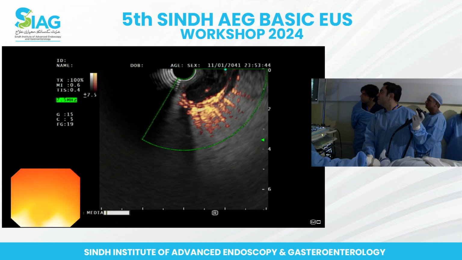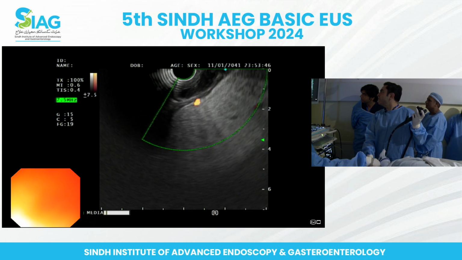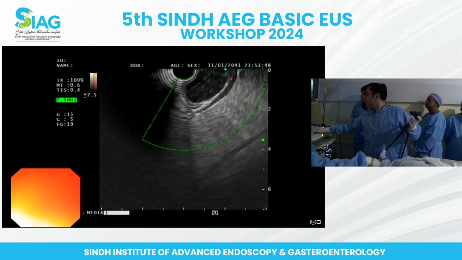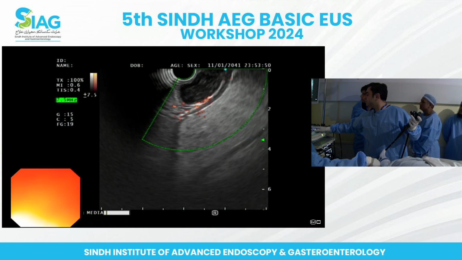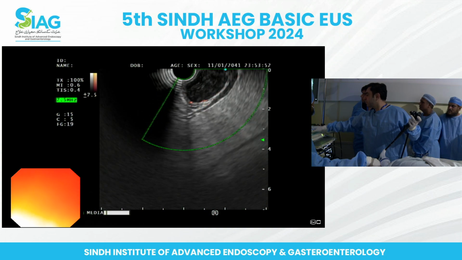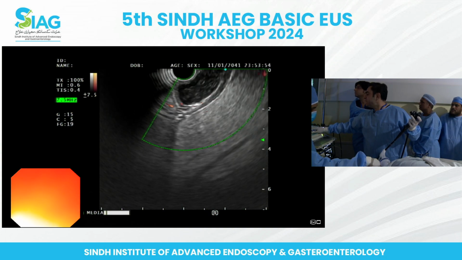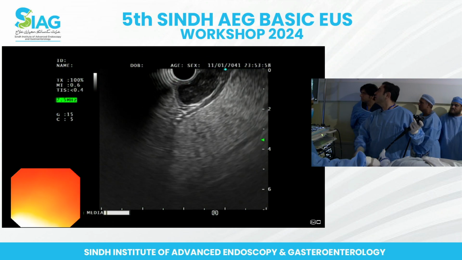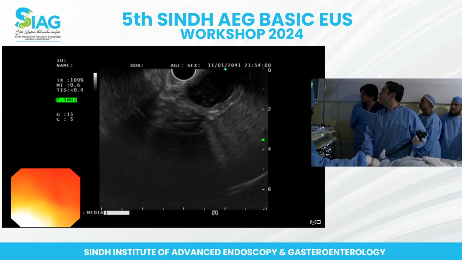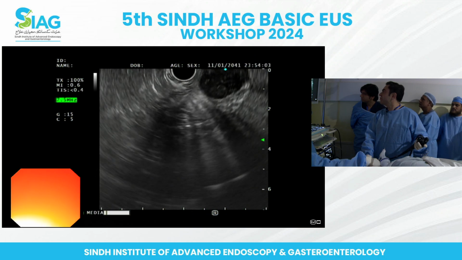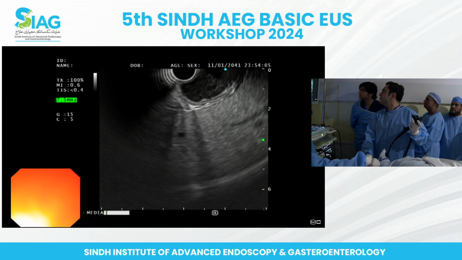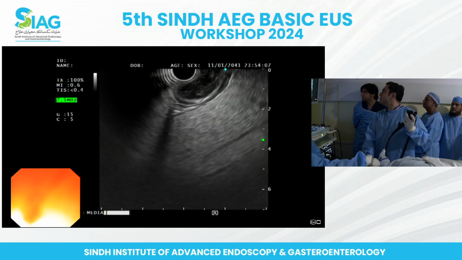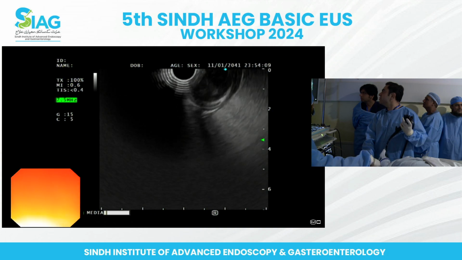A duplication cyst with very thick debris can look like that, so I just want to make sure that's not the case. Usually a duplication cyst is further down, and it would look a little bit more hypoechoic inside. So we will take some samples from it, and then we can take things from there.